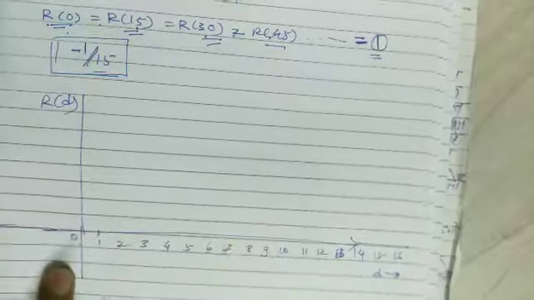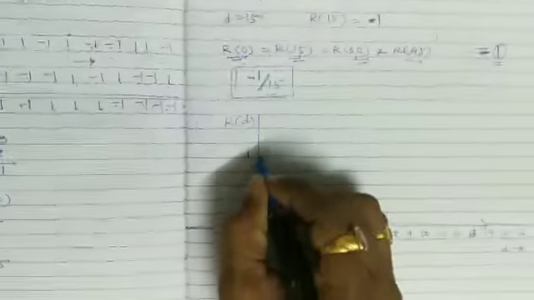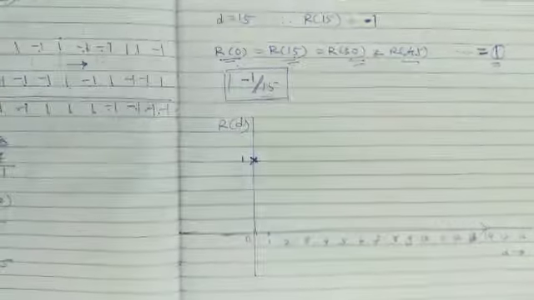We know that for d is equal to 0, the value of R of 0 comes out to be 1. So if we mark 1 over here, we will get the point over here.